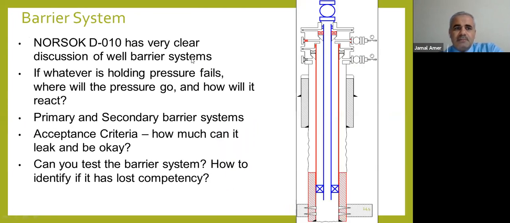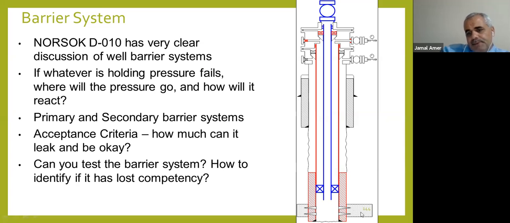What is the barrier system? As we said, we have two types of barriers: primary barrier and secondary barrier. The primary barrier is the first equipment or tools that come in contact with the formation fluid.